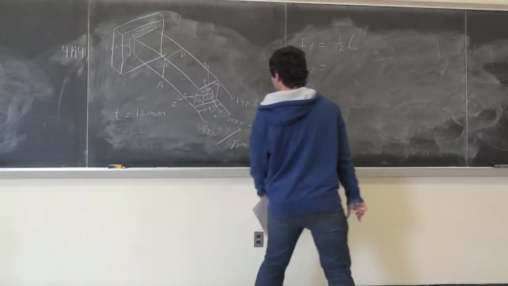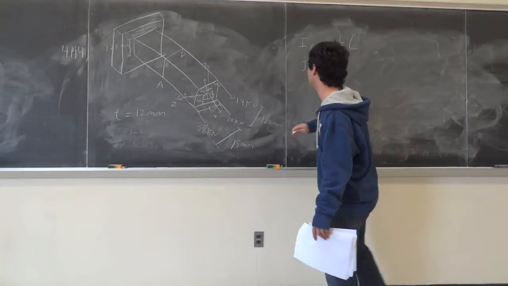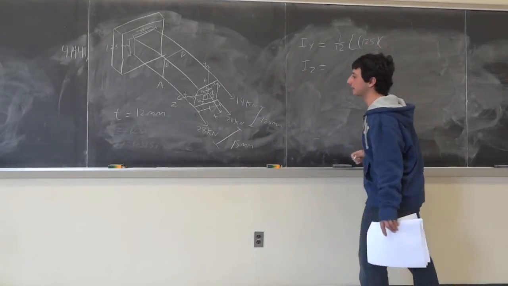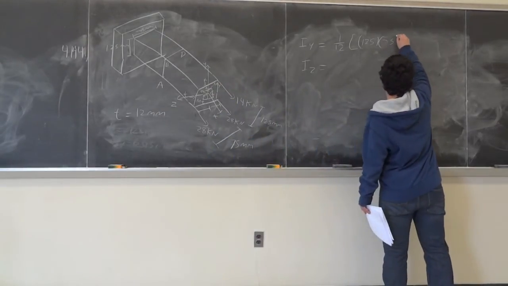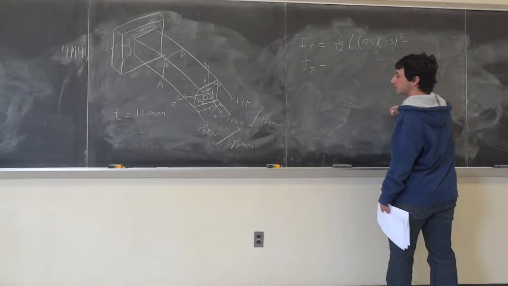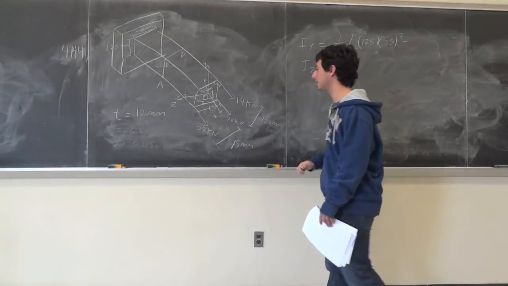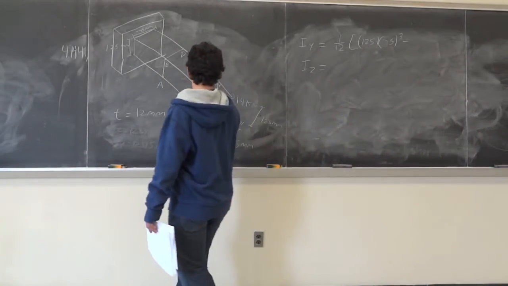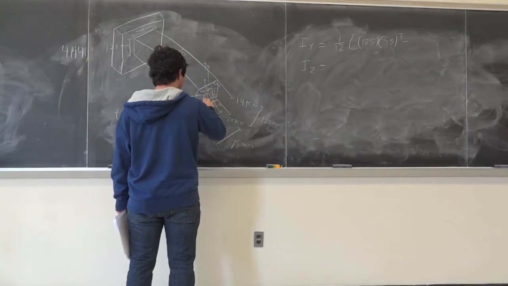So it's 1/12 times this distance, which is 125, multiplied by this distance, which is 75. Minus, all right, you're subtracting out this part right now, this little rectangle. So it's minus, what is this distance over here and this distance over here?